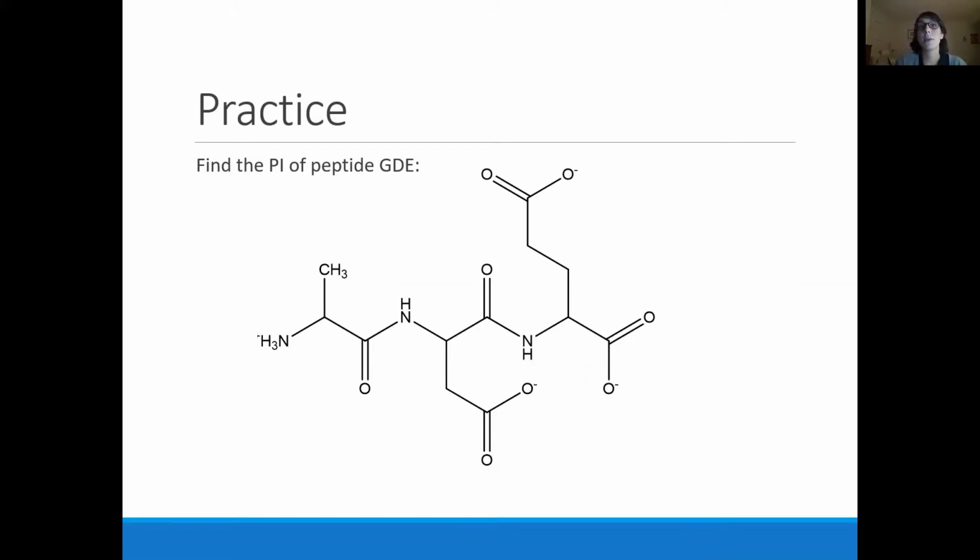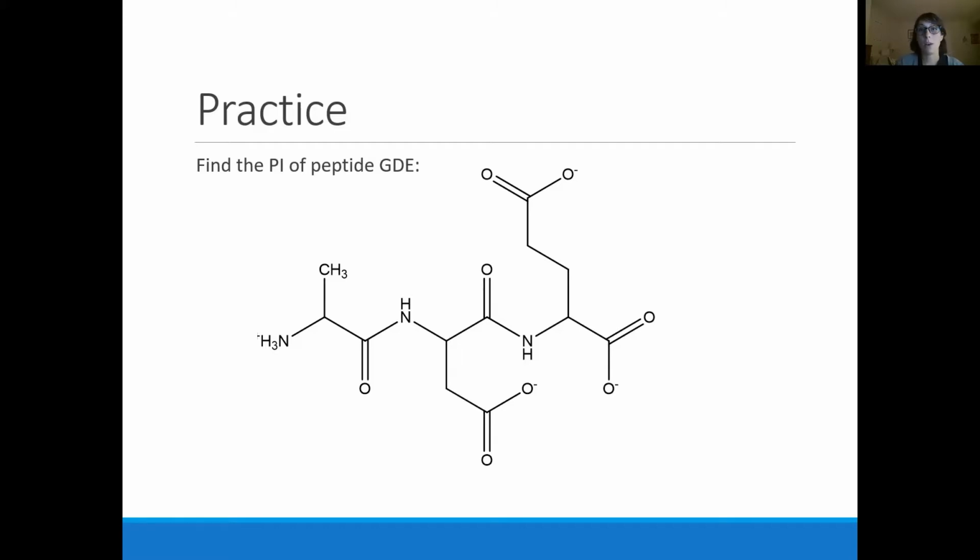Now, we've talked about the naming and the structure of these simple peptides. And one of the things we reviewed in the last lecture was the isoelectric point and pKa's surrounding our amino acids.